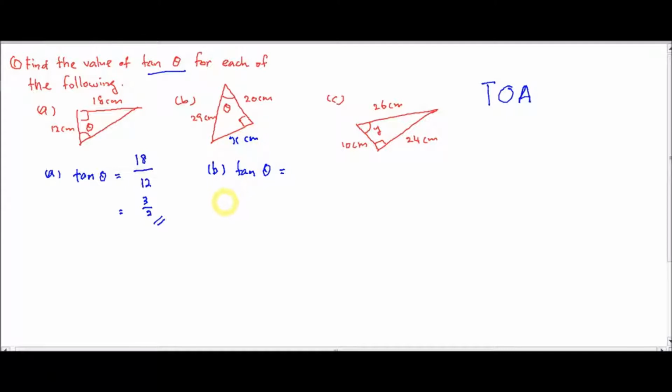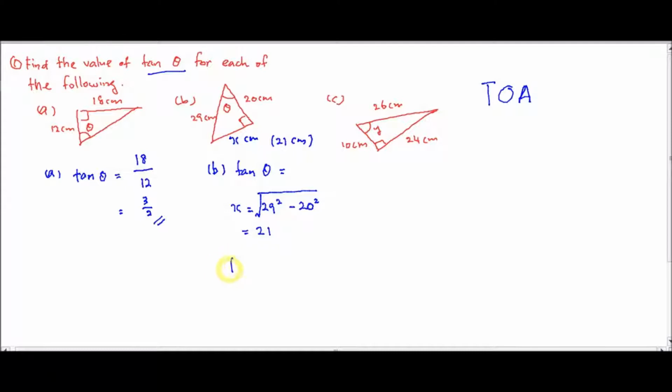How to find x? x is equal to the square root of 29 squared minus 20 squared. This one you just press the calculator. You will get 21.